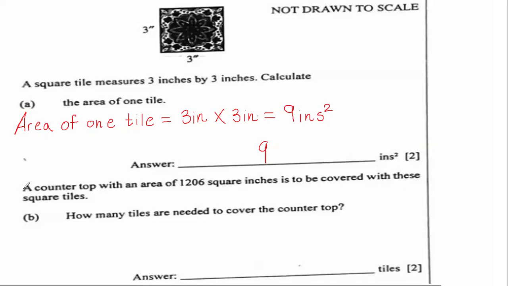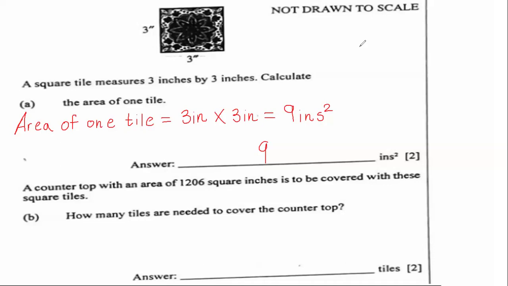A countertop with an area of 1,206 square inches is to be covered with these square tiles. How many tiles are needed to cover the countertop? So we know that the area of one tile is 9 inches squared. And we have a countertop that is 1,206 square inches.